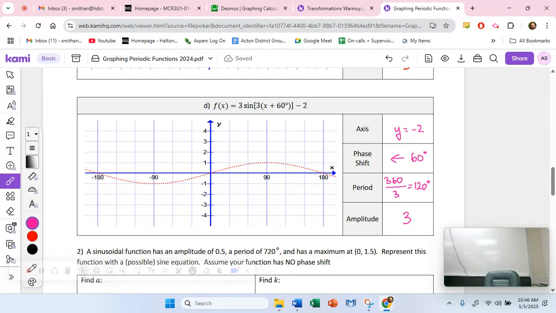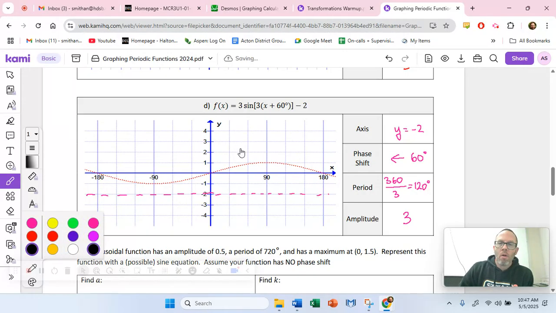Guys, I'm personally very excited. We've switched our sine function by a factor of 3. The period is going to be 120, a brand new period to sketch. Let's make a sketch. Amplitude is 3, so we're going to go up to 1.